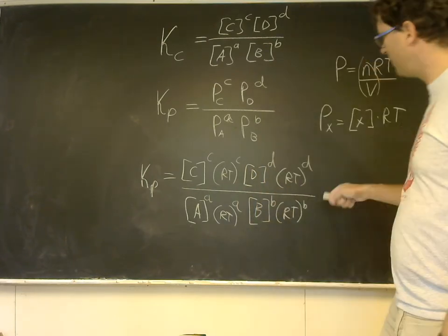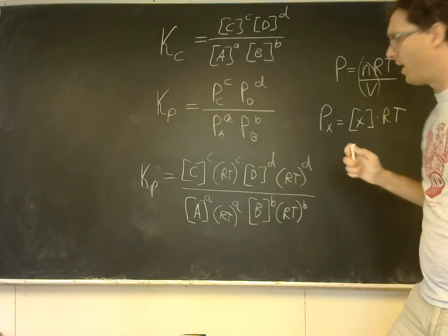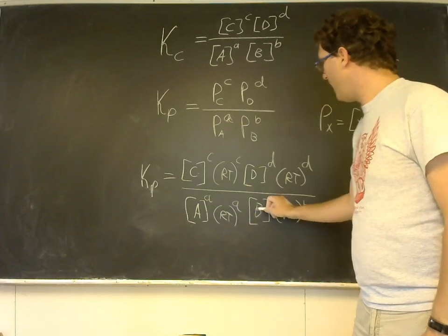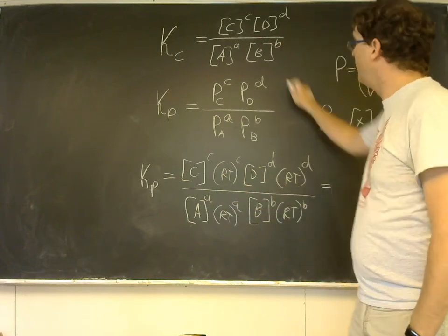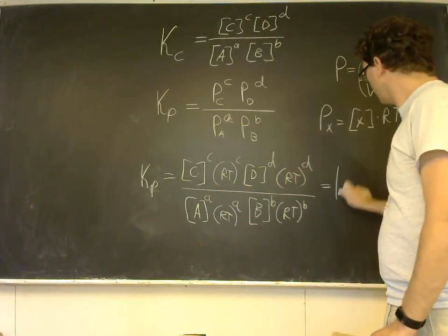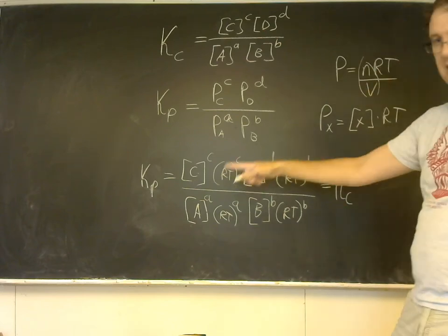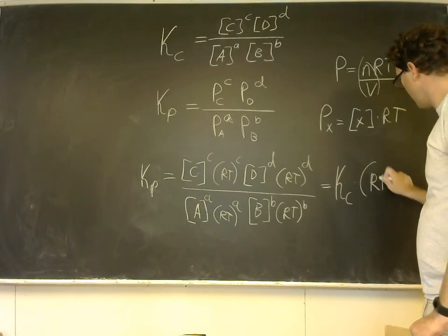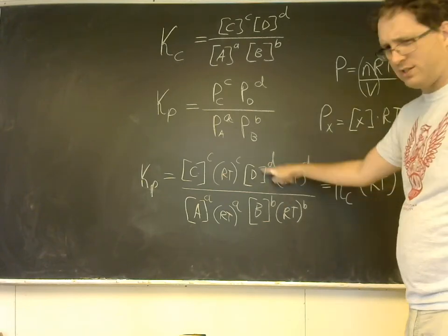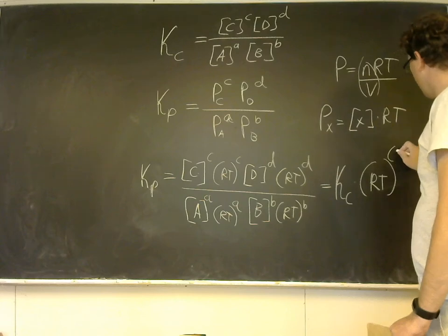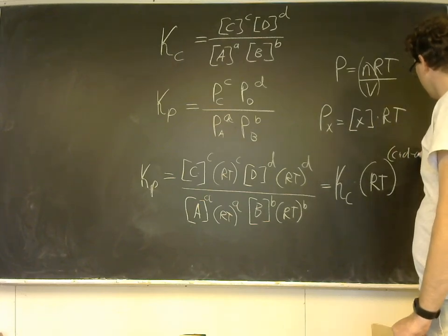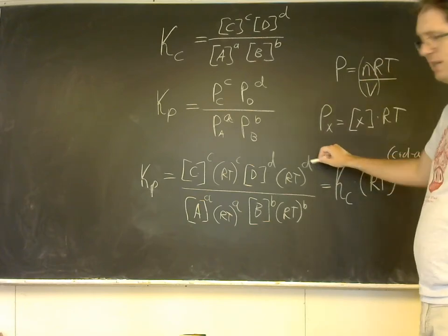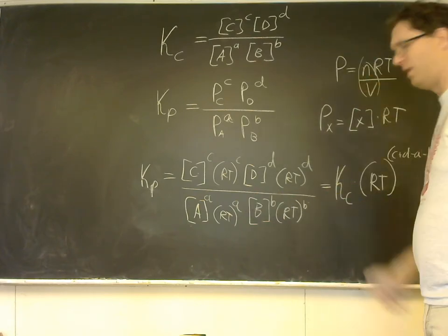Okay, so this looks like a mess, but we can clean it up quite a lot. C raised to the c, D raised to the d, A raised to the a, B raised to the b. What is that equal to? Well, that's just Kc. Kp is equal to Kc times, now we've got all of these RTs, and that's going to be c plus d minus a minus b, because we have a c and a d in the numerator, and a and b in the denominator.